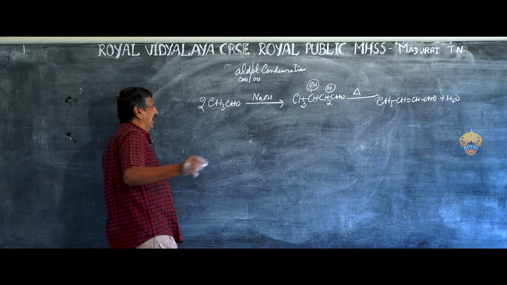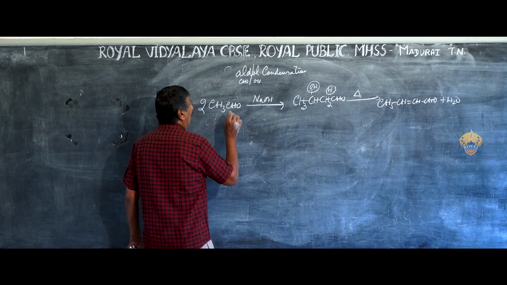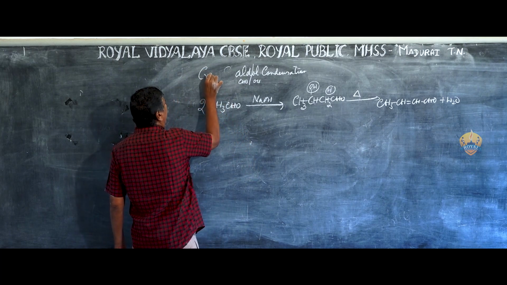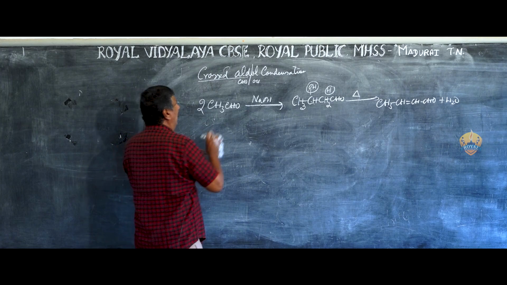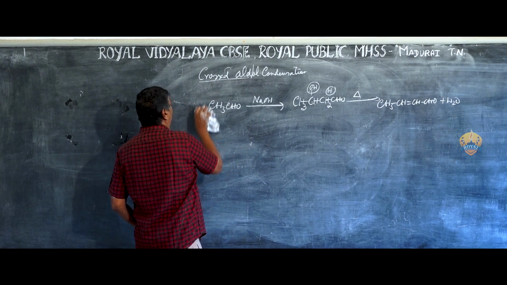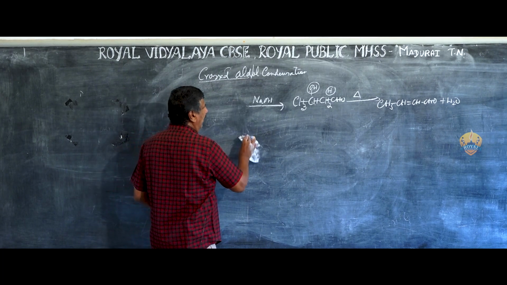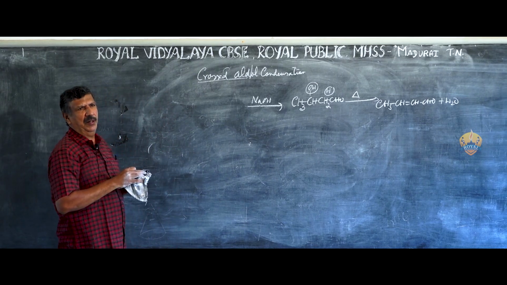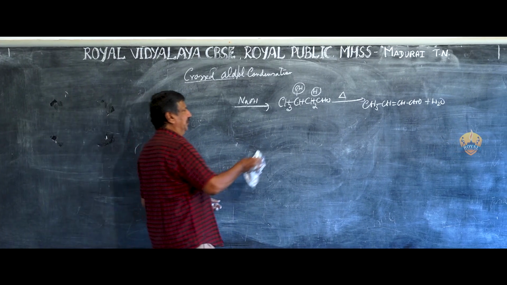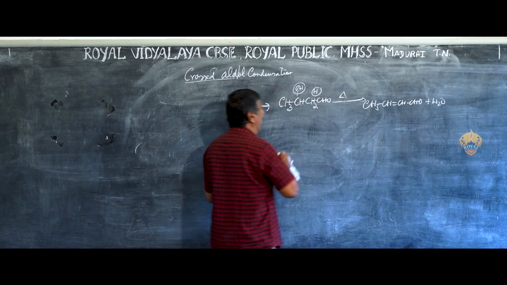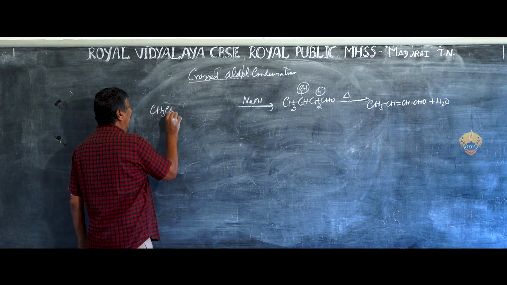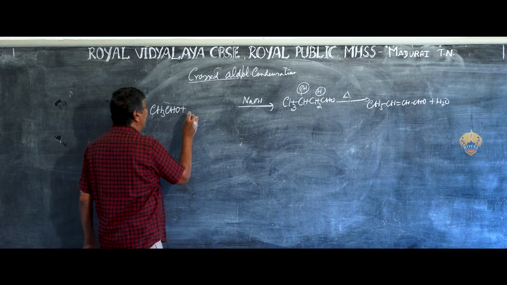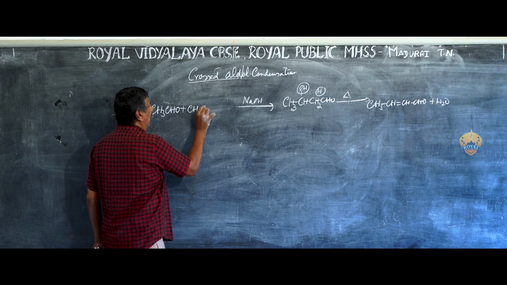Next one, what are you going to learn? Crossed aldol condensation. Crossed aldol condensation means like this: acetaldehyde plus propanaldehyde.